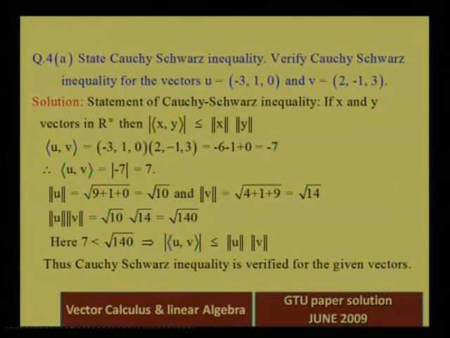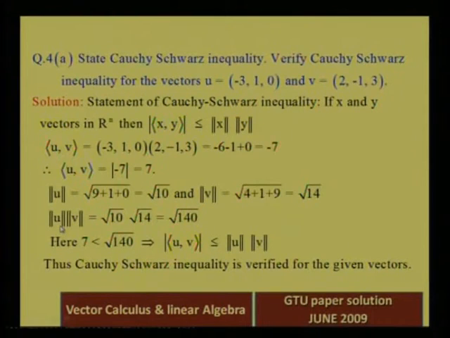So we get norm u equal to the square root of (-3) squared, that is 9, plus 1 plus 0, so the square root of 10. And norm v is also the square root of v1 squared plus v2 squared plus v3 squared, that is 4 plus 1 plus 9, equal to the square root of 14.